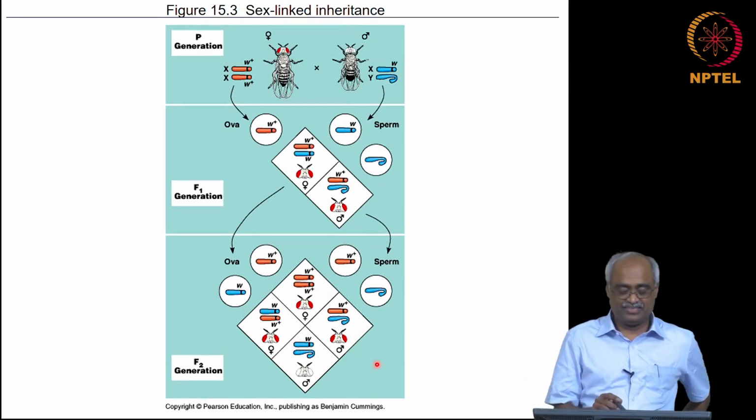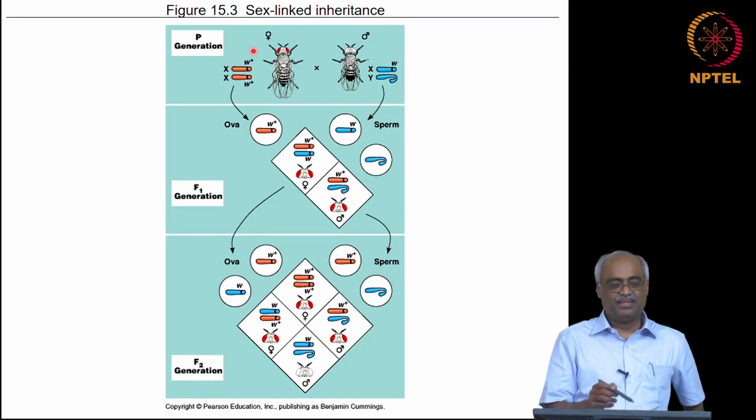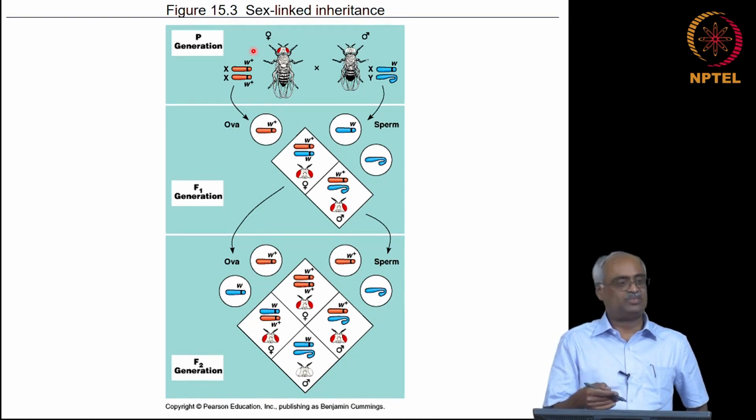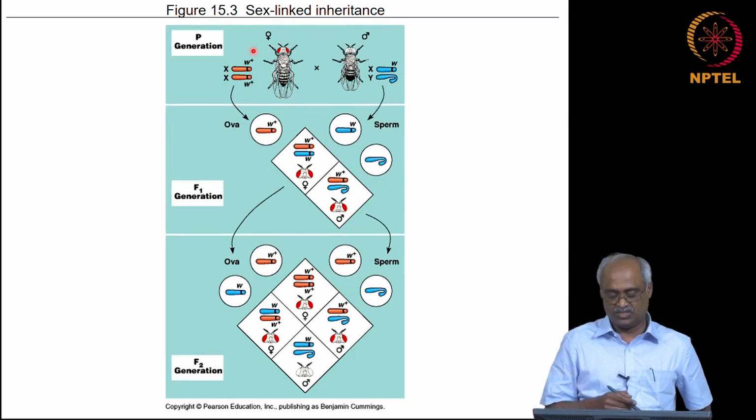So now let us assume the gene for eye color is on the X chromosome. Now we will call this W plus, okay, that is how the Drosophila geneticists do. They put a plus for the wild type or the one where the function is like the dominant allele, and minus for the one that is mutant or where the gene function is not there.